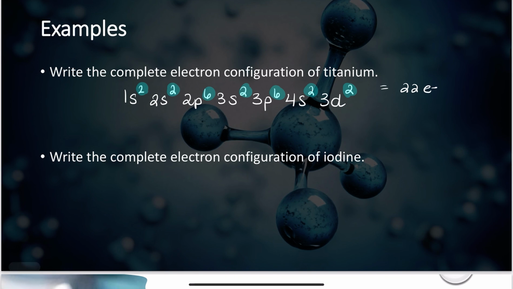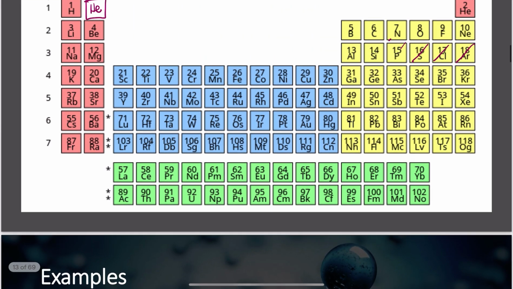Okay, it is iodine. Iodine is one of my halogens, and it's down here at number 53. So I better be adding this up to get to 53 electrons. 1s1, 1s2. 2s1, 2s2. 2p1, 2p2, 2p3, 2p4, 2p5, 2p6.